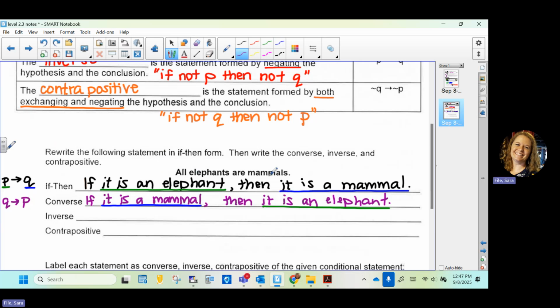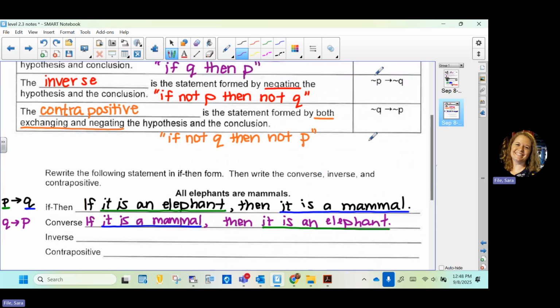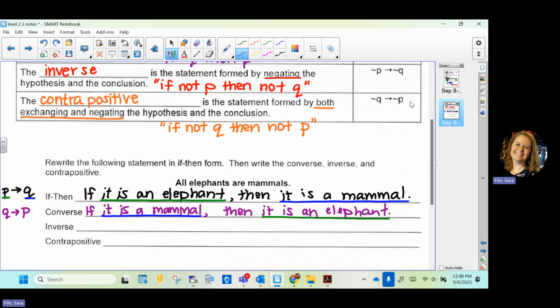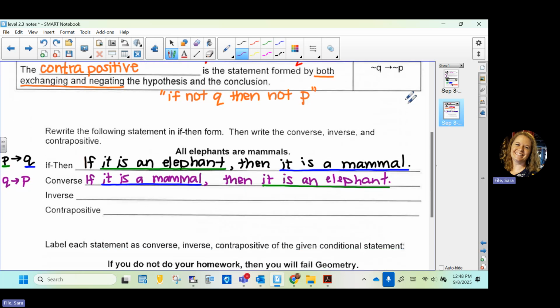If it is an elephant, then it is a mammal. That's true. But if it is a mammal, doesn't mean it has to be an elephant, right? So that's false. Now the inverse, remember the inverse, we just negate P and Q. We keep it in the original order. P is the hypothesis, Q is the conclusion, but we put the not, we put the opposite of what it said.